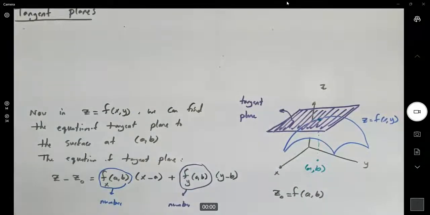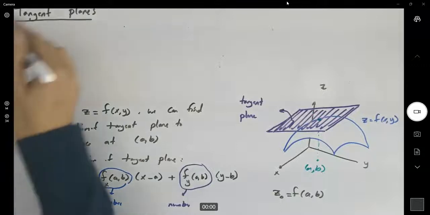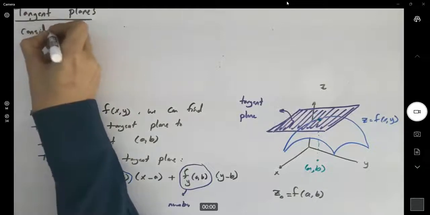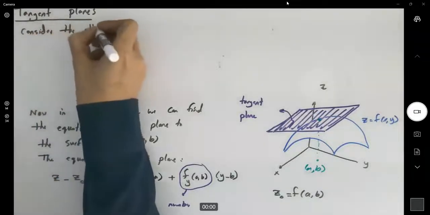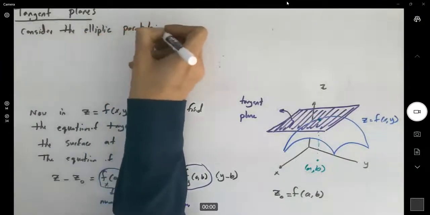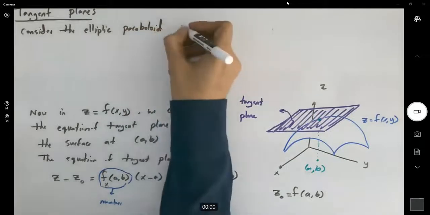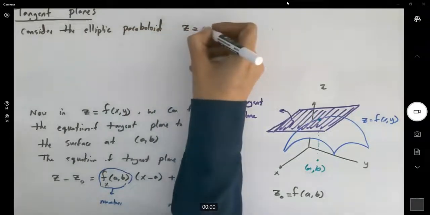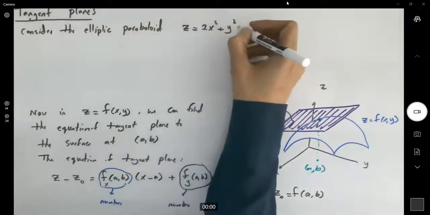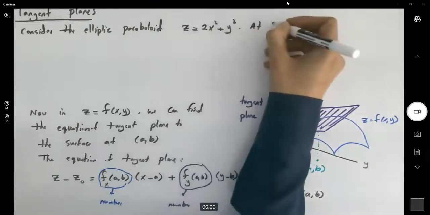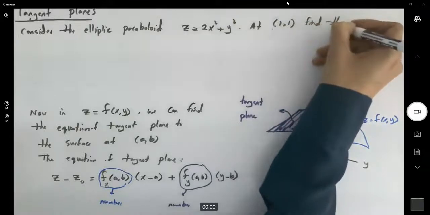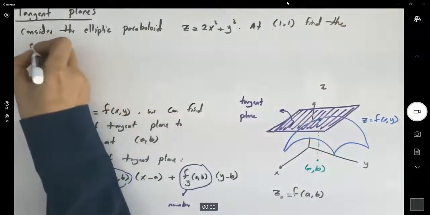Consider the elliptic paraboloid. I'm going to write down this example here. The elliptic paraboloid, which is defined as z equals 2x squared plus y squared, at the point (1, 1), find the equation of the tangent plane.